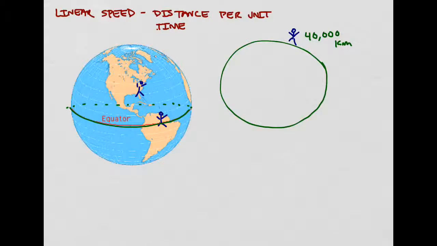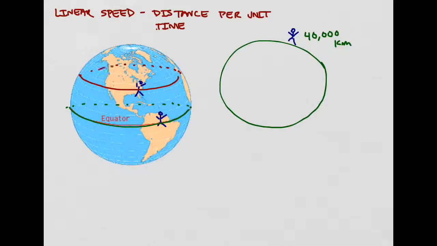Okay, awesome. And now let's go to our little guy up in Connecticut. If we were to cut the Earth all the way around in a big circle, we'd get another circle, but it wouldn't be quite as big as the circle we get when we cut the Earth at the equator. Around where we are, the circumference of the Earth is about 27,000 kilometers.